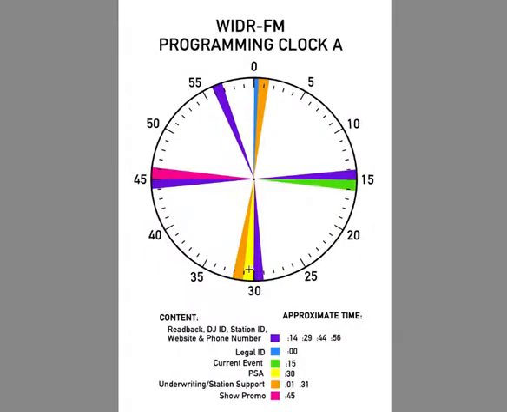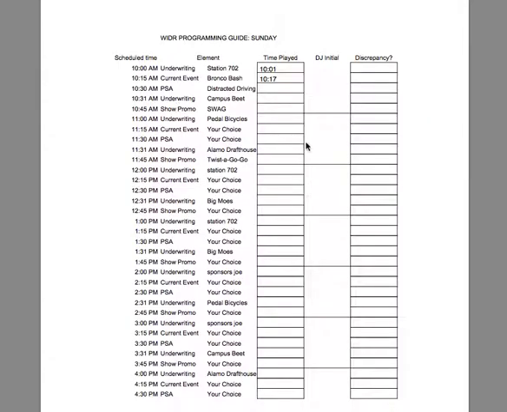So immediately after that PSA, I play the campus beat underwriting. And then I go and I play some more music, and I will record, and I got those right on the dot, so I will record that at 10:30 I play the distracted driving spot, and at 10:31 I play the campus beat spot.